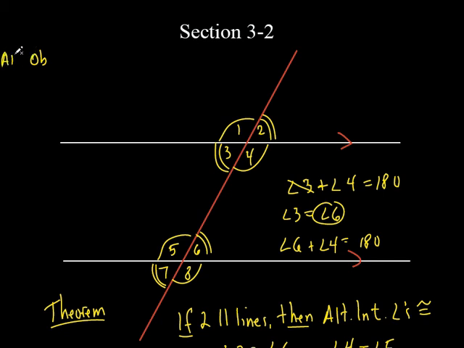So, I'll put this. Right. All the obtuse angles are equal to each other, right? And you could also say what? All the acute angles are equal to each other. Would you agree with that? Because look at it. 2 is acute, so is 3, so is 6, so is 7. And they're all equal to each other. It's kind of an easy way to look at it, isn't it?